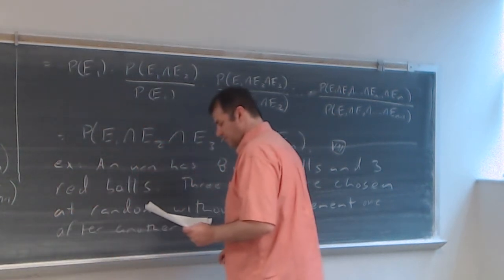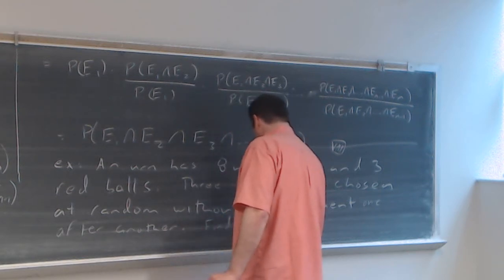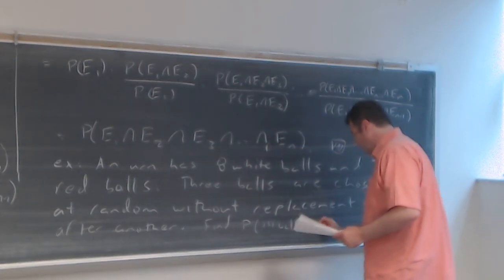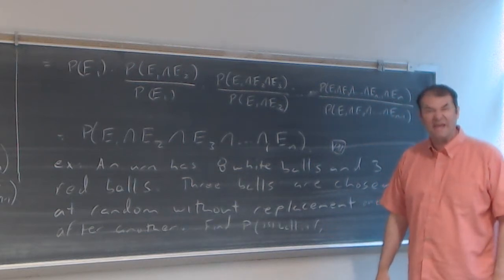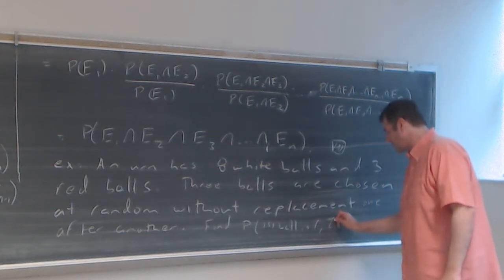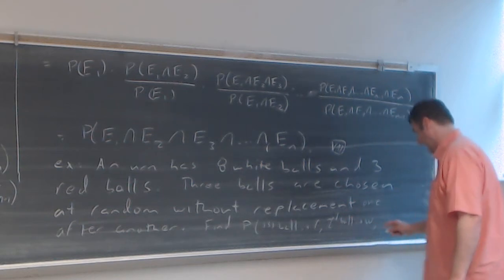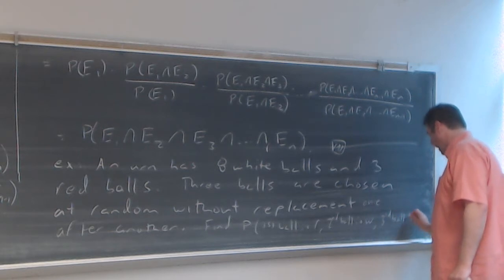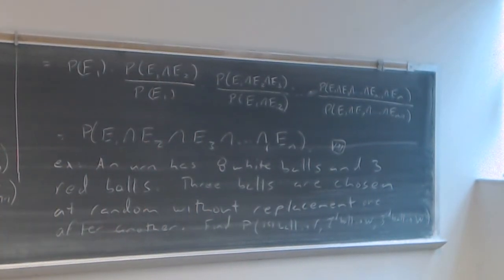And the question is, find the probability that the first ball is red, comma, this comma means and, the second ball is white, comma, and the third ball is white. Okay, so that's our problem, and we're going to do it by this multiplication rule.